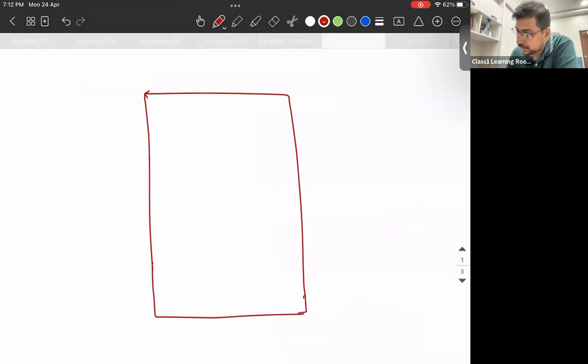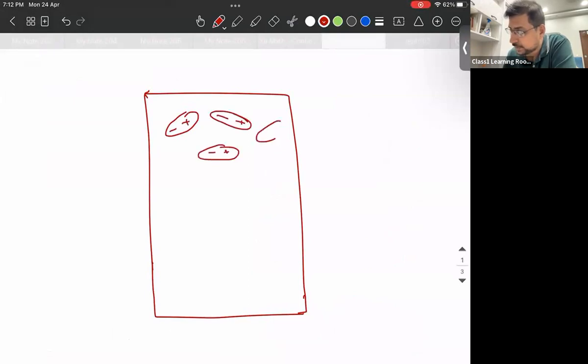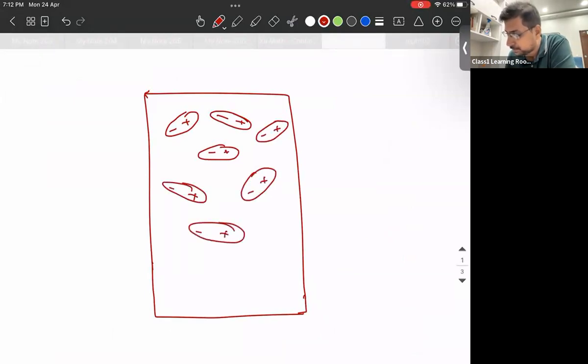If I take a dielectric, you will have small dipoles present like this. One dipole will be negative, positive; another dipole, negative, positive; another, negative, positive; another, negative, positive. Like this, you will have many such dipoles present.